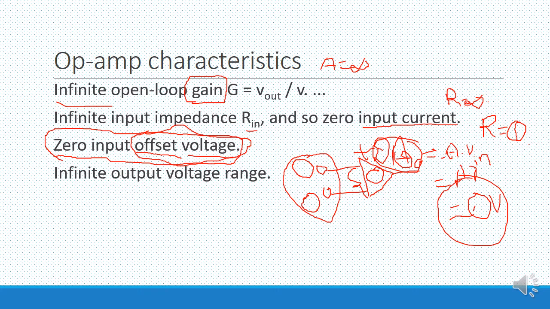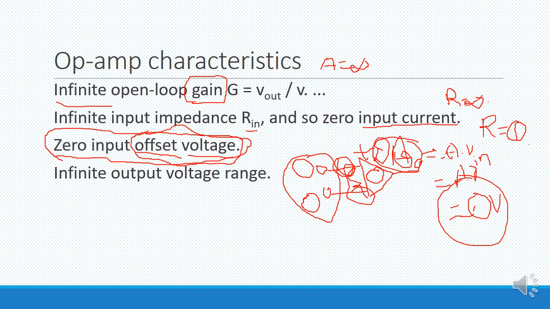Those minority carriers are amplified and you get some millivolts at the output, even if the inputs are 0 and 0. But it is not accurate. For some applications, when the input is 0 you should get 0. So to null that output voltage, we apply some voltage here. That voltage is called the offset voltage.